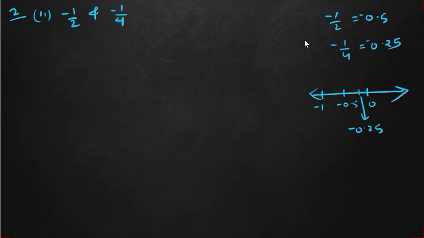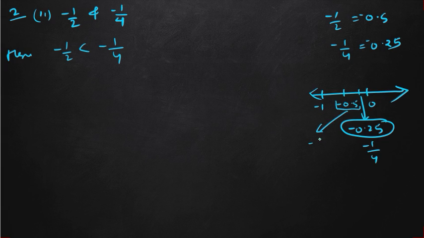So here what we have to write: minus 1 by 2 is less than minus 1 by 4, because this number is our minus 1 by 4 and this number is our minus 1 by 2. Minus 1 by 4 is on the right side, so obviously that will be the bigger number. Okay, so we have to find 3 rational numbers.